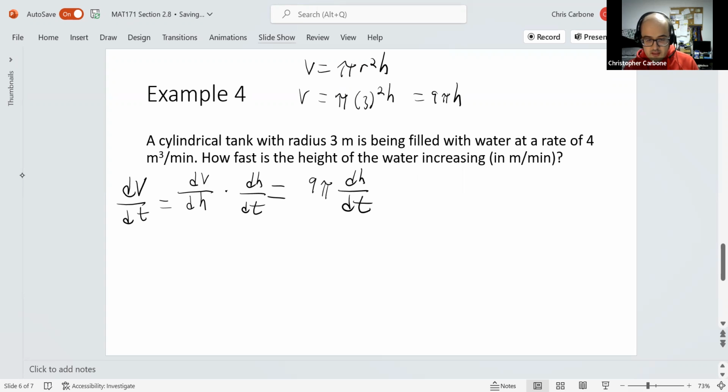We were told the rate of the volume increasing with respect to time is 4. So 4 is equal to 9 times pi times dh over dt, and the derivative of the height with respect to t is 4 divided by 9 pi. Again, this is in meters per minute.